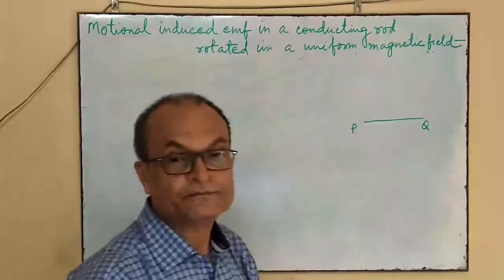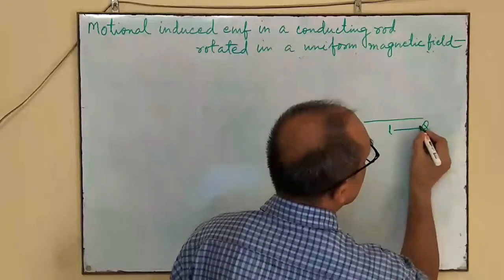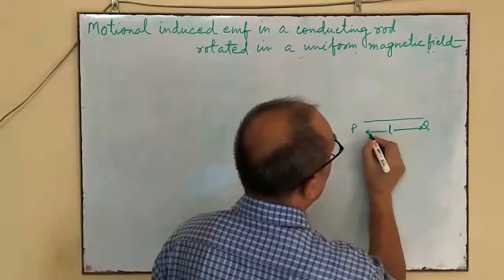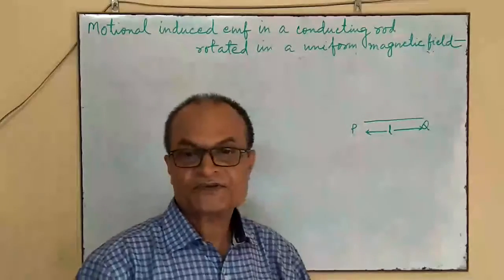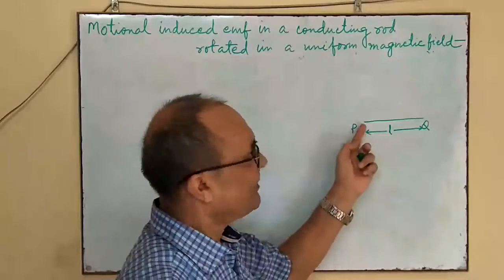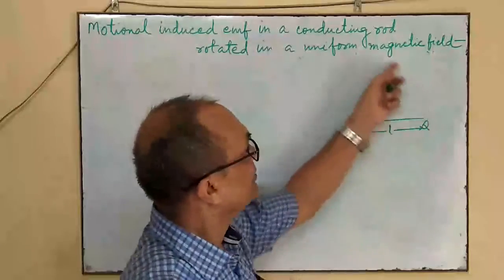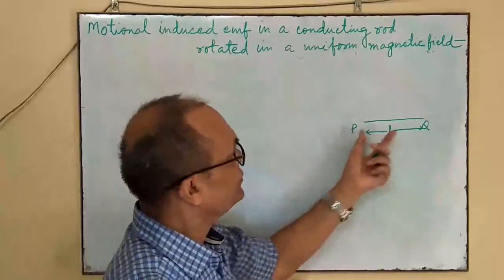This is the conducting rod. Its length is L and P is fixed at this point P, and it is free to rotate about this point P. It can move like this or like that. It is free to rotate about P.